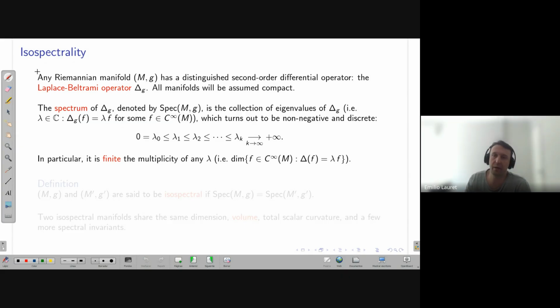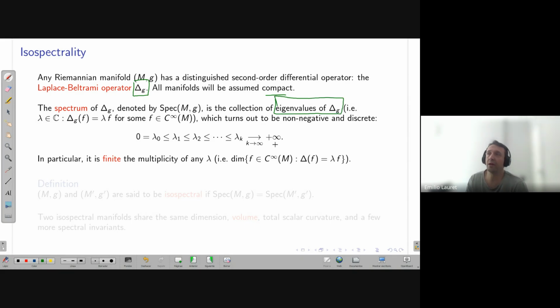In any Riemannian manifold, we have a very distinguished differential operator, the Laplacian, the Laplace-Beltrami operator. And we will assume that all manifolds are compact from now on. So the spectrum of a compact Riemannian manifold is the collection of eigenvalues of the Laplacian.